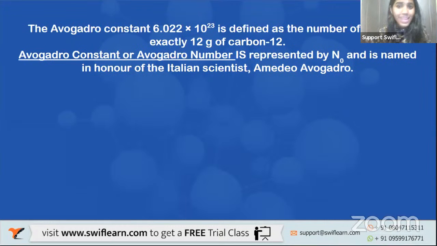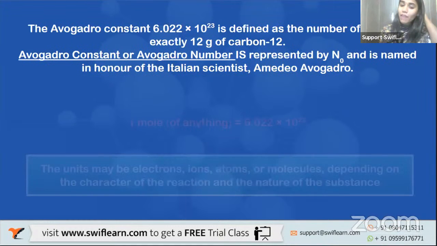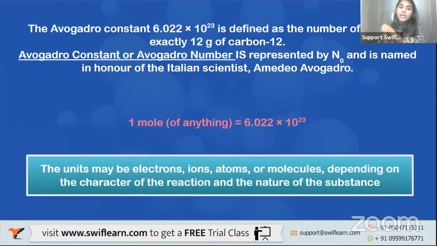Clear? Is there any doubt? Please ask me. Also, this Avogadro's constant or the Avogadro number was named after an Italian scientist called Amedeo Avogadro. Okay, so 1 mole of anything is equal to 6.022 into 10 raised to 23.